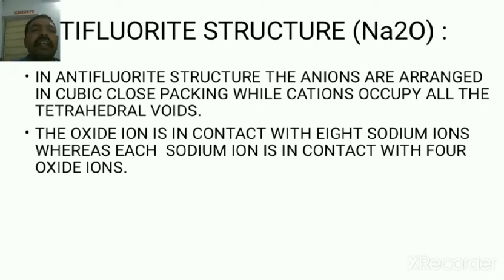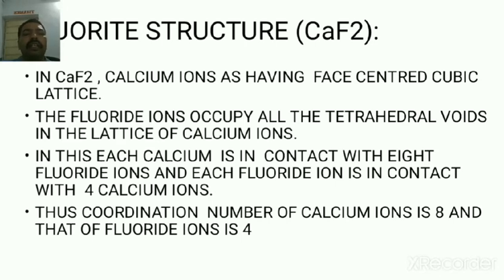The oxide ion is in contact with 8 sodium ions. Sodium occupies the white places. The oxide ion is in contact with 8 sodium ions, whereas each sodium ion is in contact with 4 oxide ions.